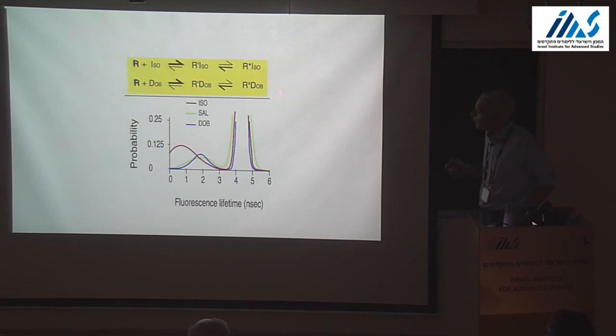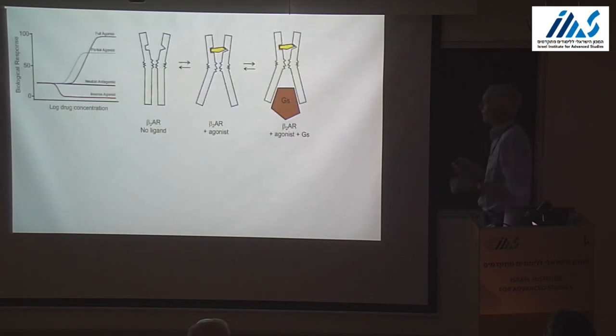So knowing this kind of information, we went back and thought about the model, which at the time, most of the behavior of receptors could be explained by a 2-state model. You had an inactive state and an active state. They were in equilibrium. Agonists stabilized the active state, which allowed G proteins to engage the receptor. However, the results I just showed you are more or less incompatible with this. It suggested there were additional states, possibly intermediate states.